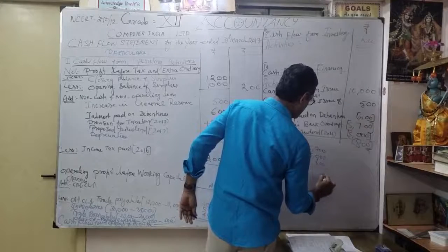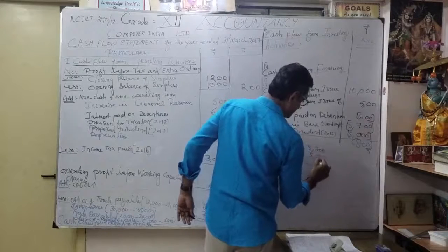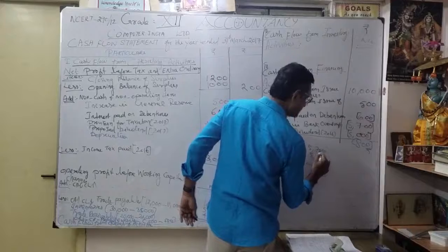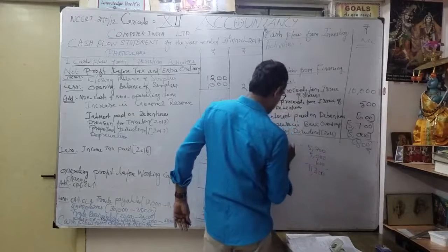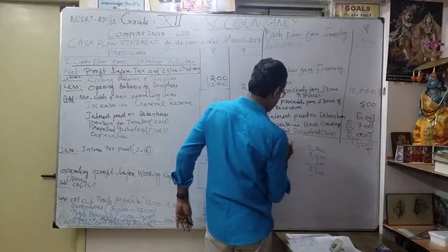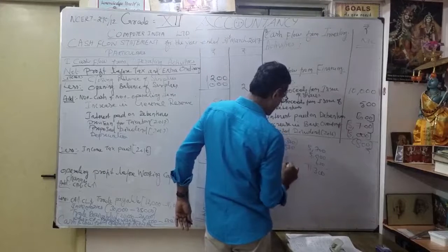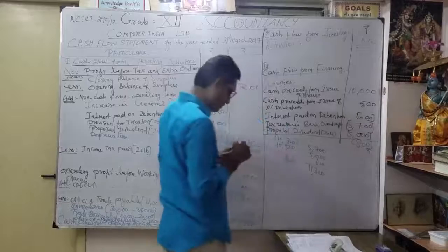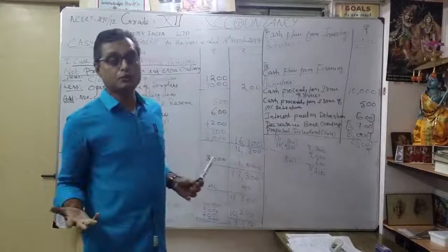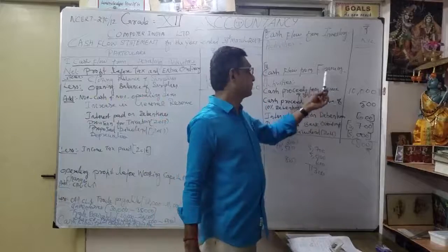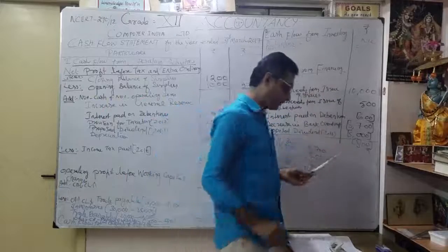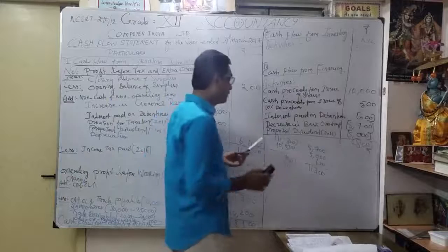Okay, how much now? 11,300. So 11,300. So what is my answer? 800 within the bracket. That means what? Cash used. Cash outflow is more than cash inflow under finance activity. You understood the calculation? Now you know how you got 800.